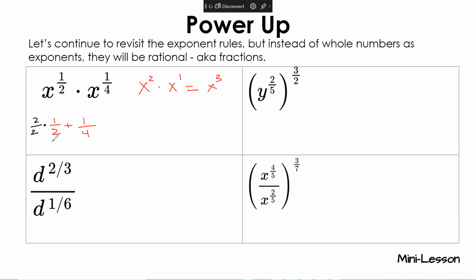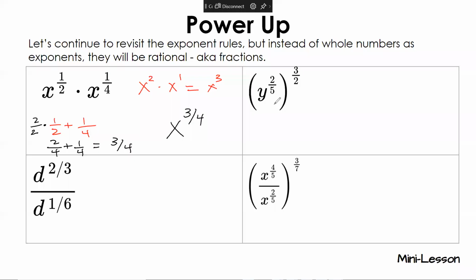And so when I do that, that's going to give me 2/4 plus 1/4. Now, since they are both the same, I'm going to add straight across. So in simplified form, this is going to be x to the 3/4 power. Let me give you a second to process.